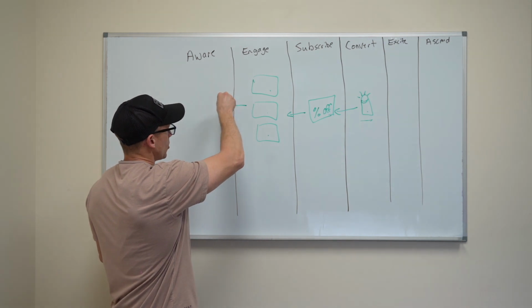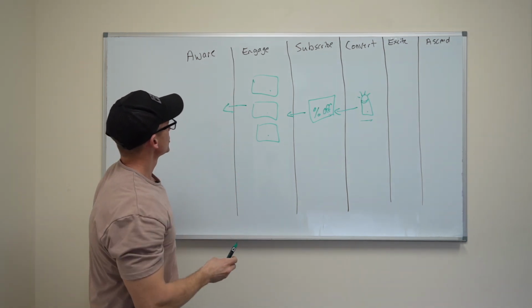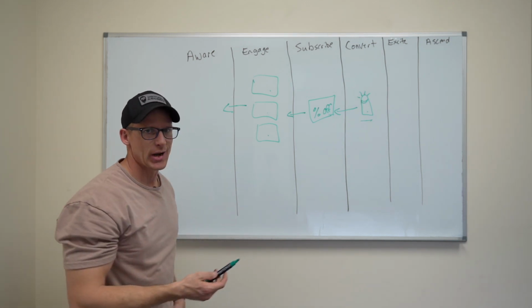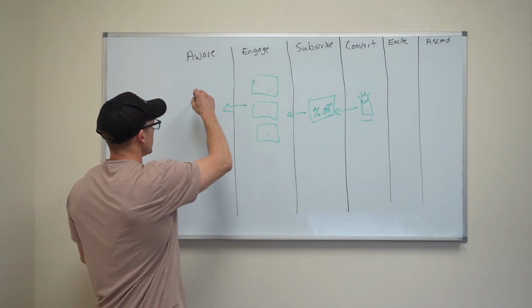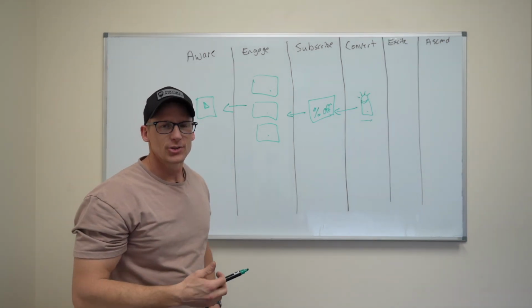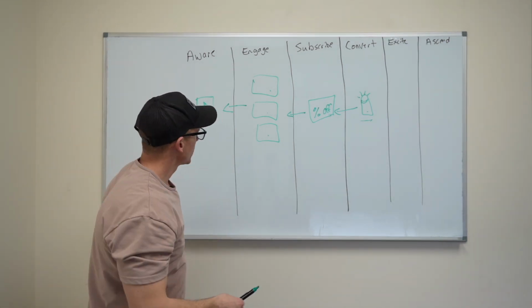Which is then going to lead us here to the awareness stage, which is just driving traffic, right? So you're typically going to have an ad, your social media posts, your typical ways that you're going to be driving traffic.